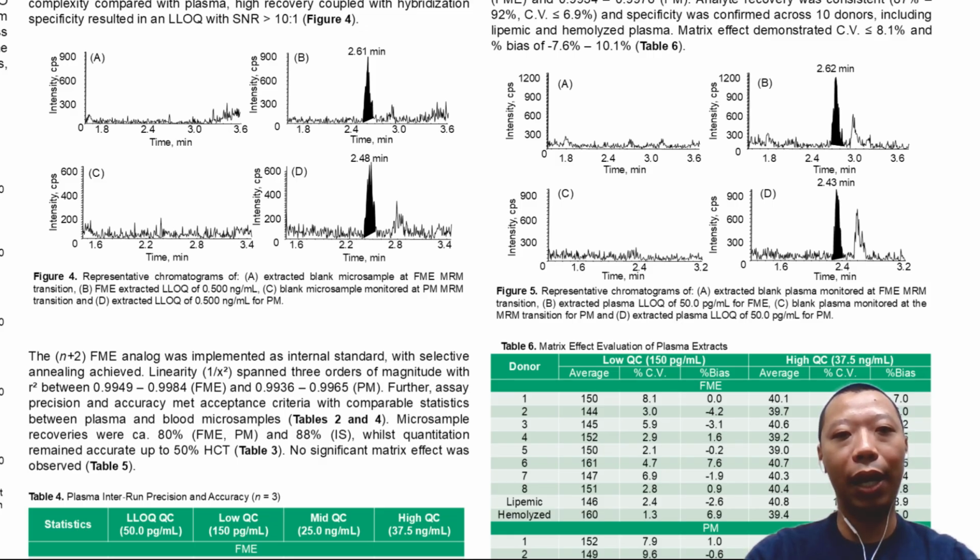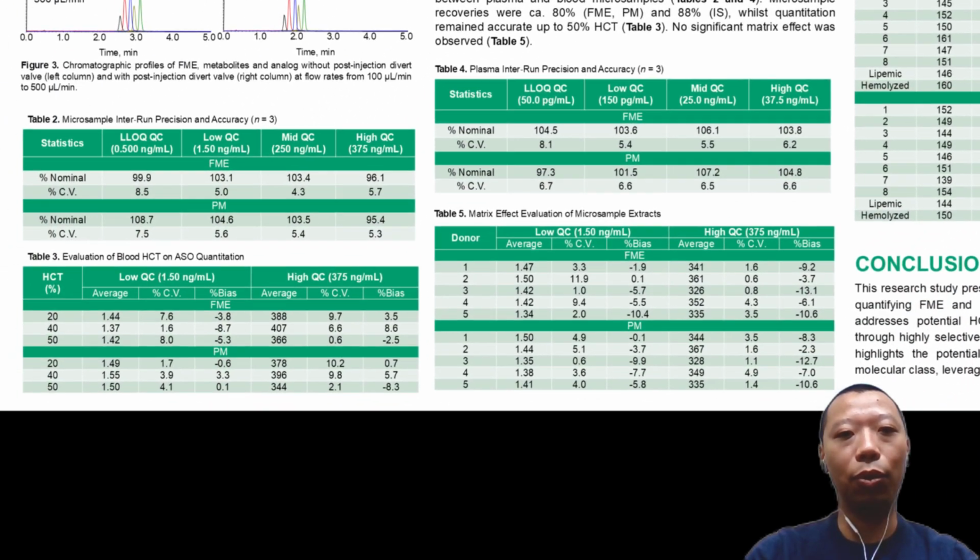The precision and accuracy results for dry blood microsamples are summarized in Table 2, where we see acceptance criteria ranging from 80% to 120%. The method was also evaluated for hematocrit bias in Table 3 and the matrix effect in Table 5, with no significant deviation observed across different hematocrit levels and blood donors, confirming the robustness for clinical applications.